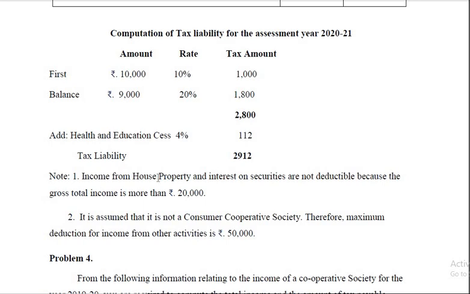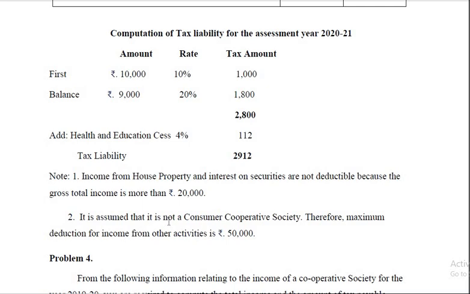Please note, income from house property and interest on securities are not deductible because the gross total income is more than 20,000. This point I have mentioned at the beginning while studying section 80P.